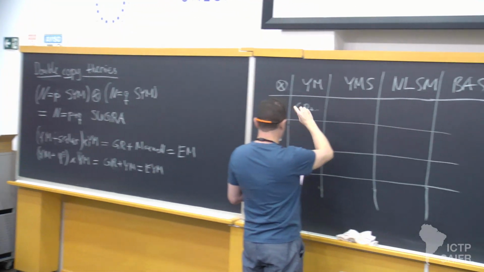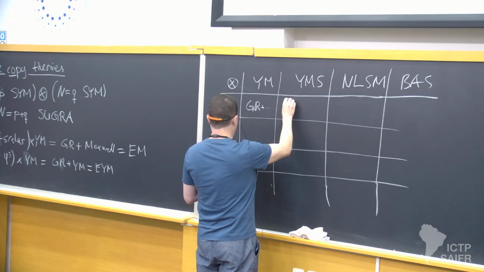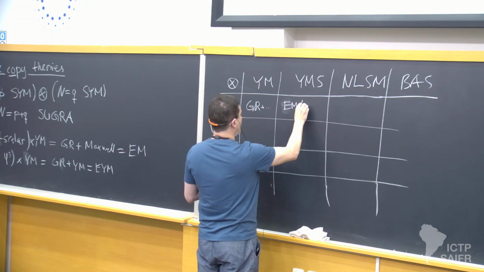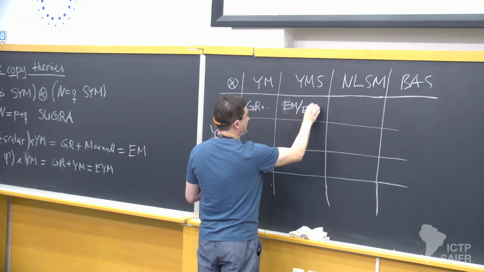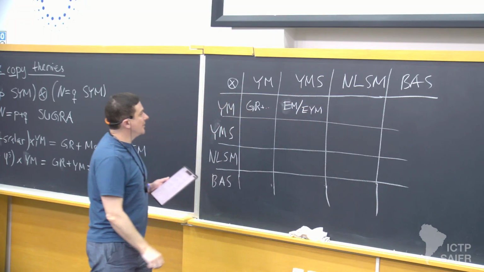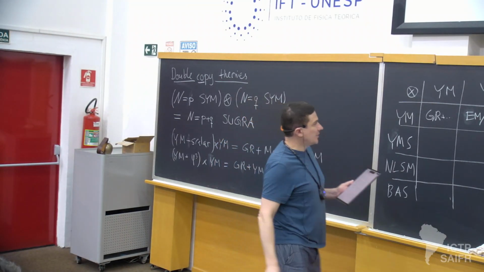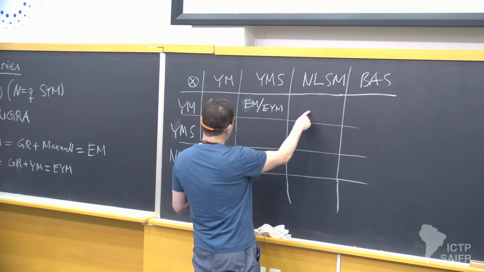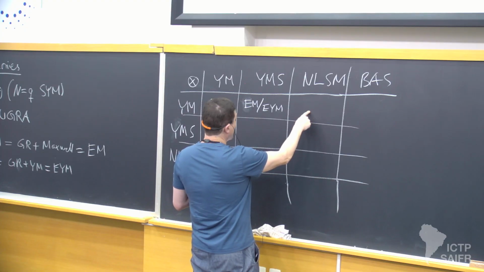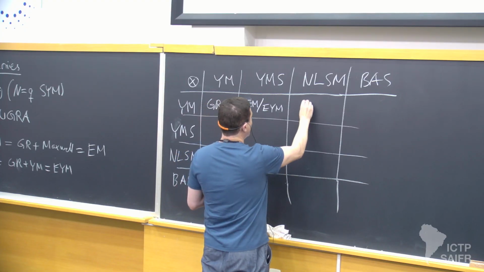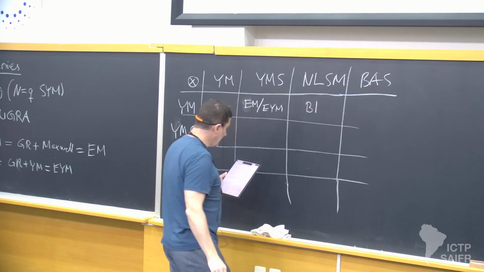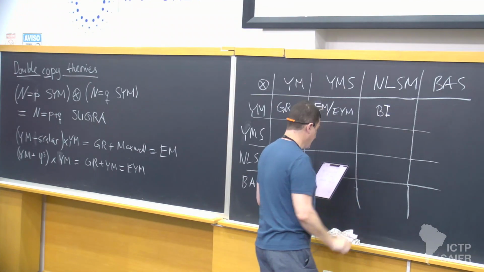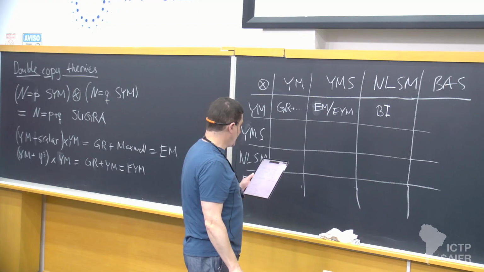Here, as I already discussed, is Einstein-Maxwell or Einstein-Yang-Mills, depending if it's abelian or non-abelian, or which one of those Yang-Mills scalar theories it is. Here you get actually what's known as Born-Infeld, which I will come to shortly, but let me just name drop it there.